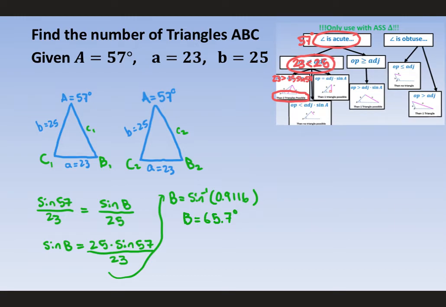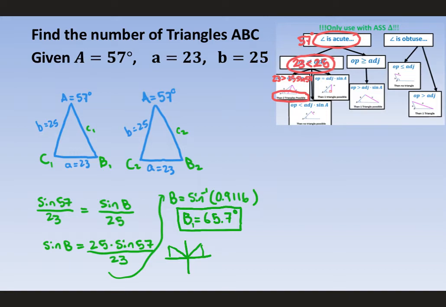That's what we're going to call B1. So that's my first answer. Now to get B2, I need to remember how inverse sine works. When we take the inverse sine, it occurs in two places. It occurs in this quadrant, and it occurs in this quadrant. Because it occurs in two places, we can find our other angle pretty easily as well.